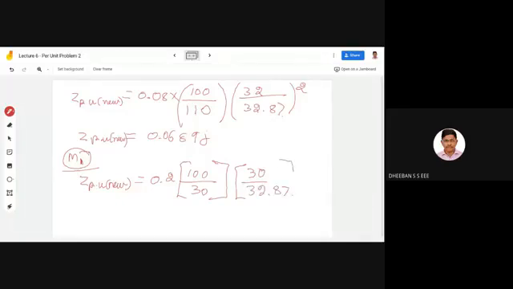No problem with that. So what is the value you'll be getting for M1? 0.555.